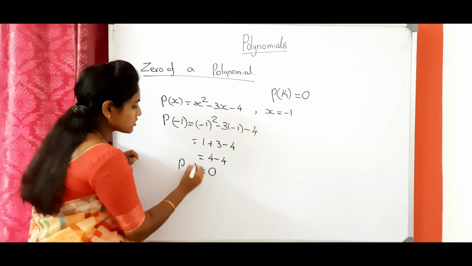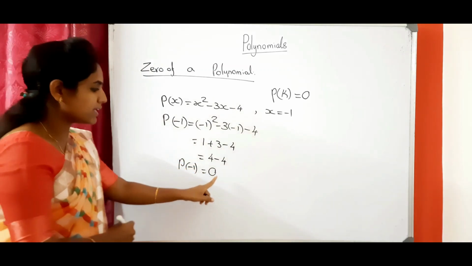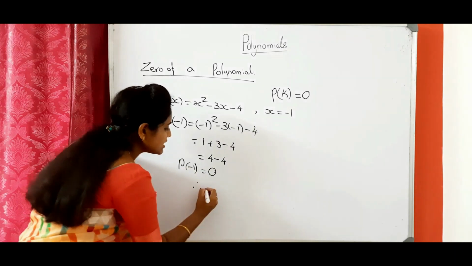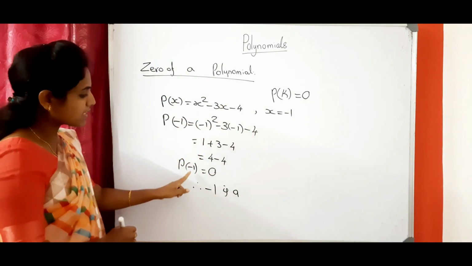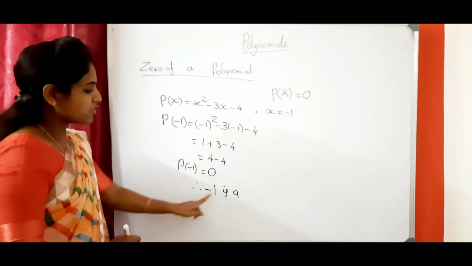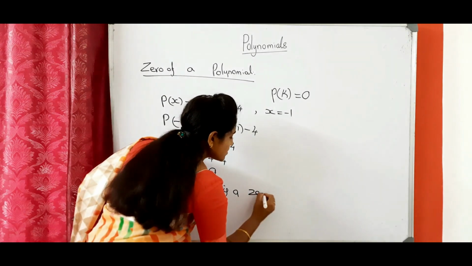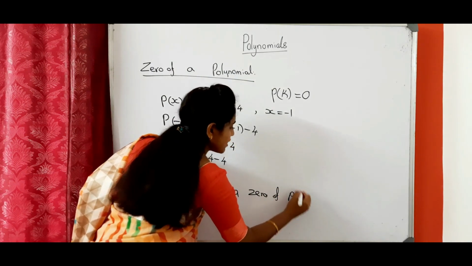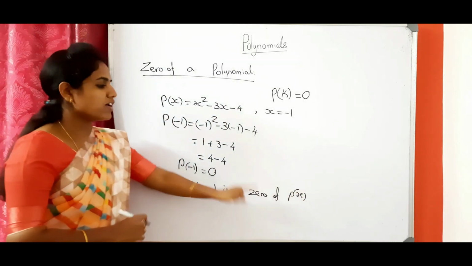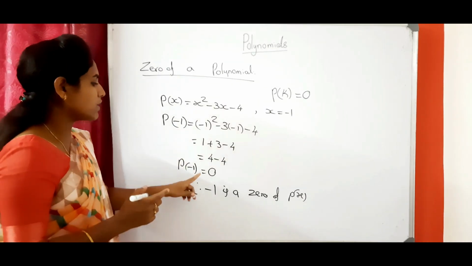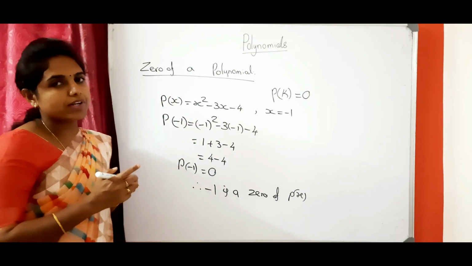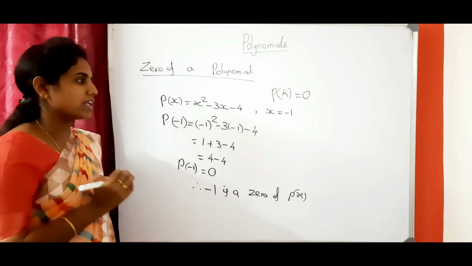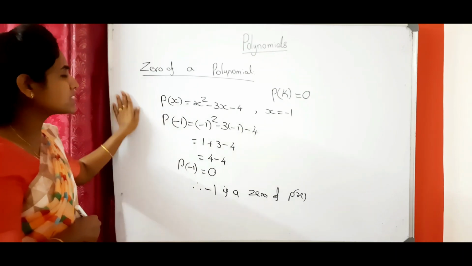So p of minus 1, the value of the polynomial, is 0. Therefore k is a zero of the polynomial. Here the k value is minus 1. Therefore minus 1 is a zero of p of x. The value of the polynomial is 0 means that k is a zero of the polynomial. Only this is the basics of this chapter.